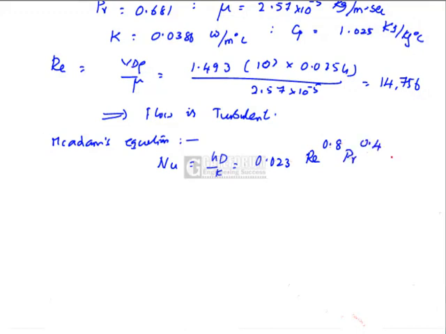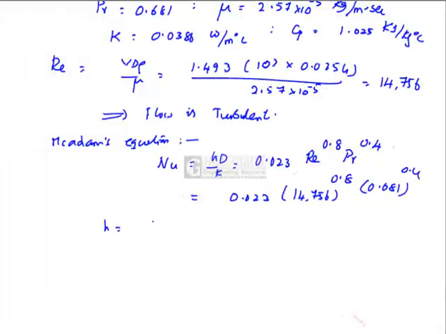Here the fluid is getting heated up because wall temperature is more than fluid temperature, so I should choose the n value as 0.4. That is 0.023 into 14,756 Reynolds number, into Prandtl number 0.681 to the power 0.4.